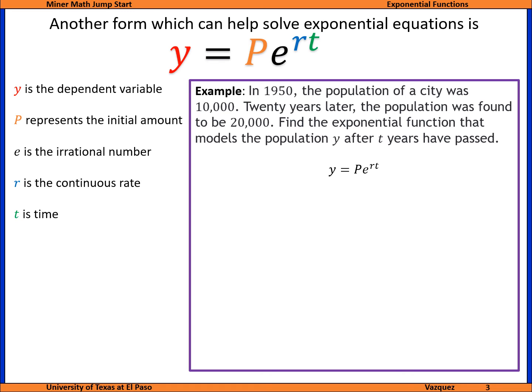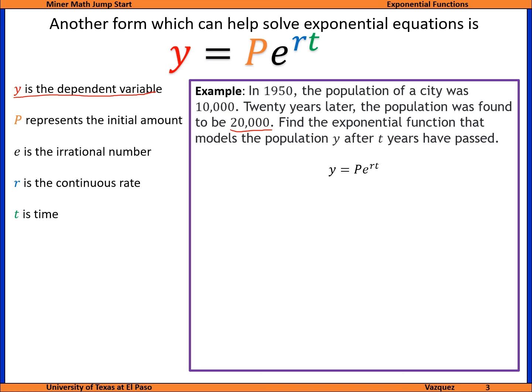In this case, the dependent variable here is going to be 20,000. How do I know it's going to be 20,000? The reason is that they're already telling us that after 20 years, the population was now 20,000, meaning y was 20,000 when t was 20.